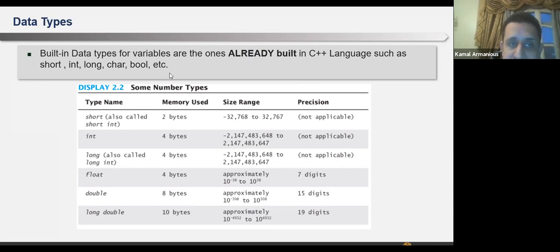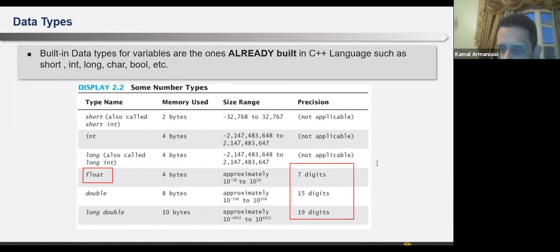And for the data types that accept a decimal point, those are the numbers that this data type can hold after the decimal point.